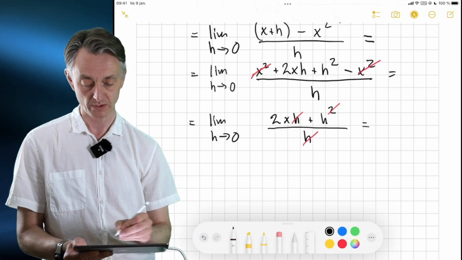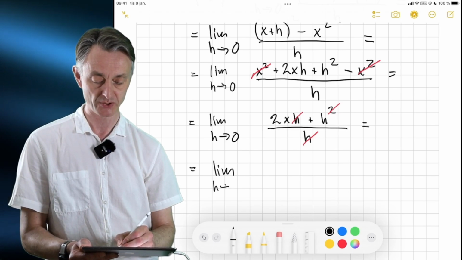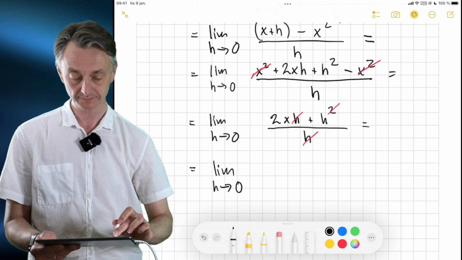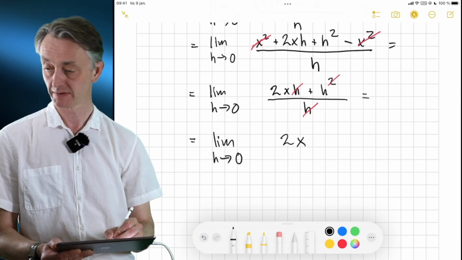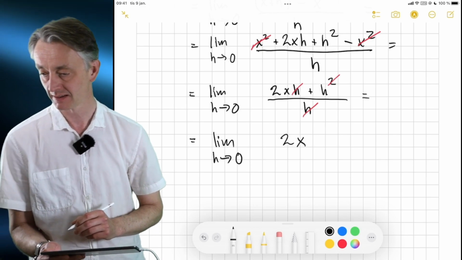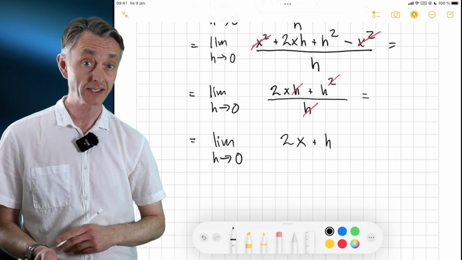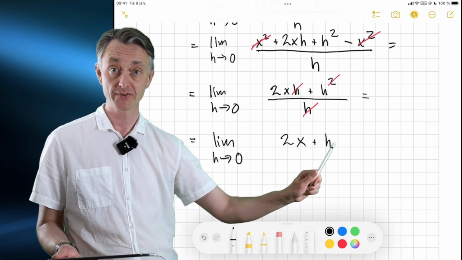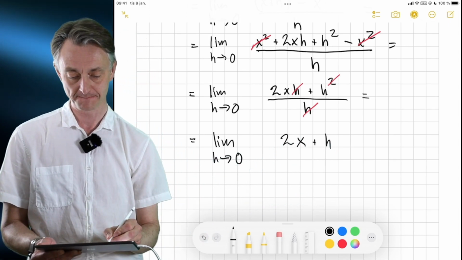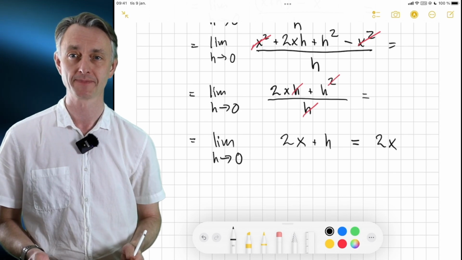So all this is equal to the limit when h goes towards 0, namely 2x plus h. But we see here that when h goes towards 0, this goes away, right? So it's going to be 2x.